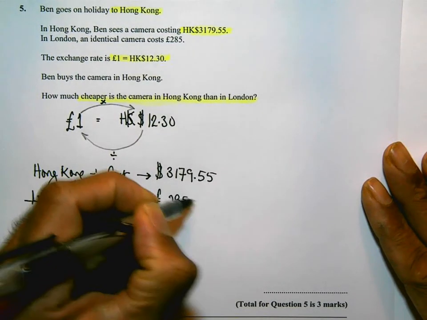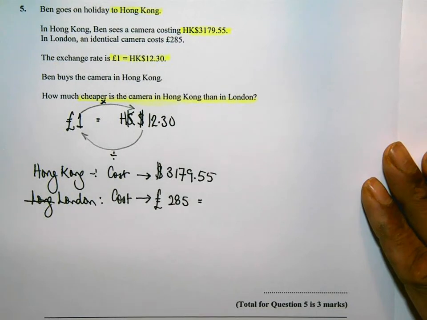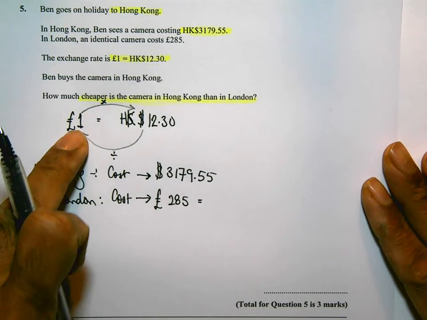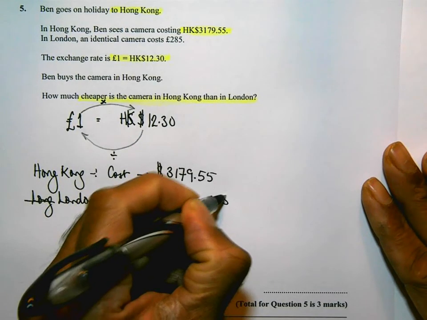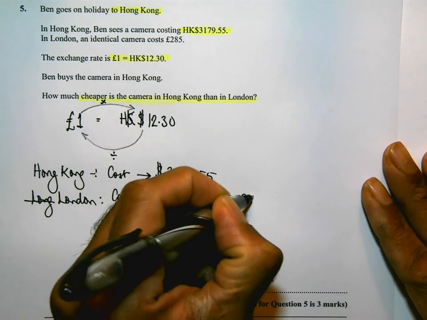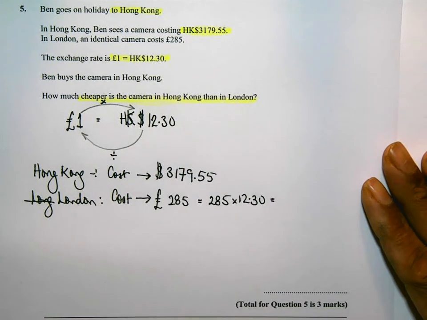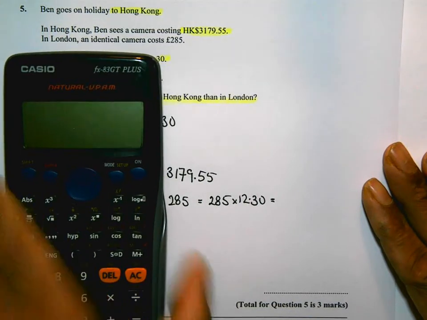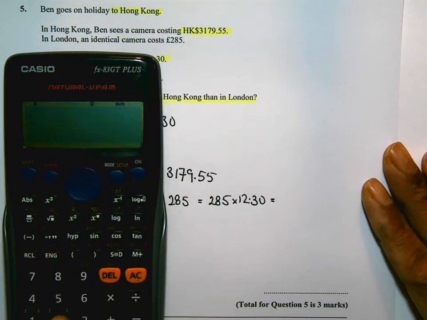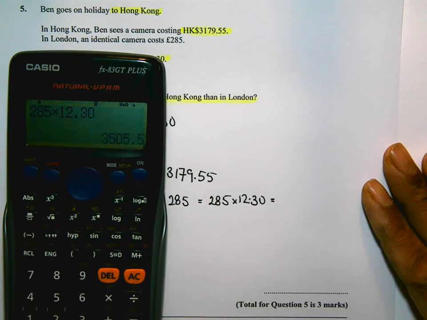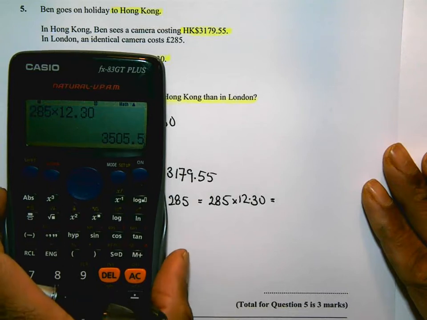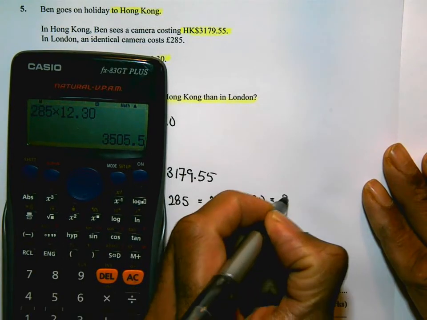And I'm going to change that into Hong Kong dollars. I'm going to change pounds into Hong Kong dollars. So I'm going to times by 12.30. So 285 times 12.30, and I'll use my calculator for that. 285 times 12.30 equals, that's $3,505.50.